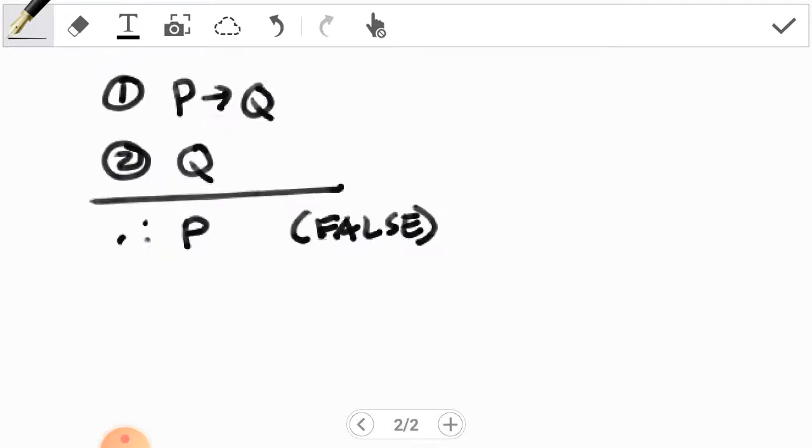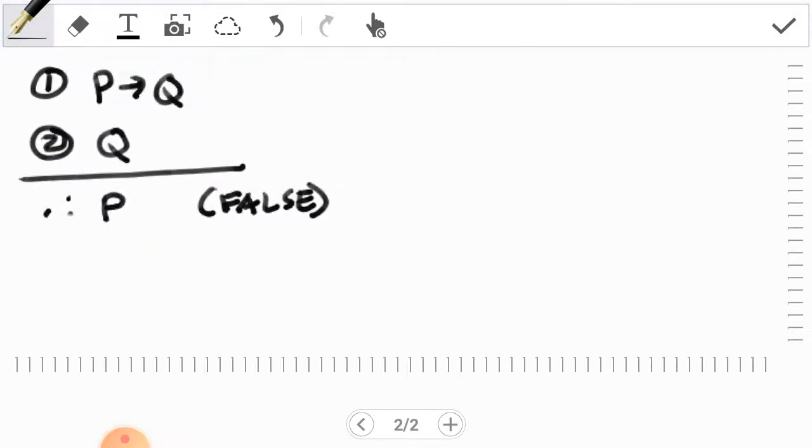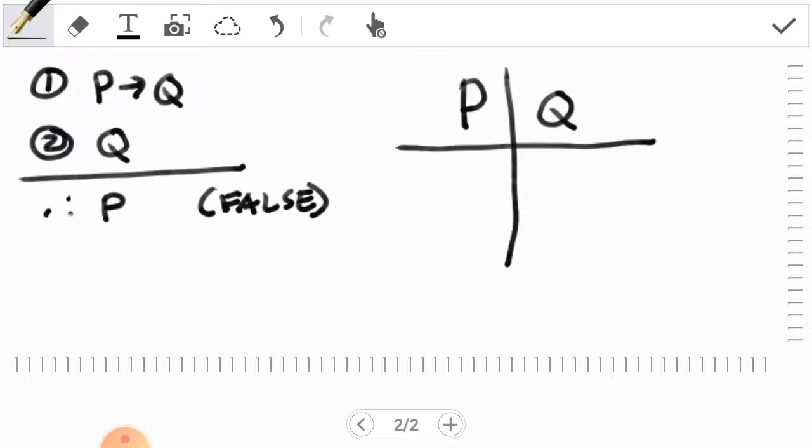Since we only have two propositions involved here, let's try to consider some truth values for these propositions so that we obtain our desire to force the conclusion to be false, and to see whether each premise can be true based on those truth values.